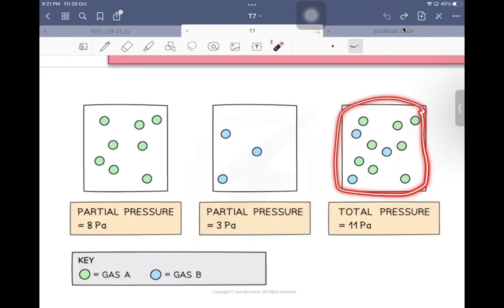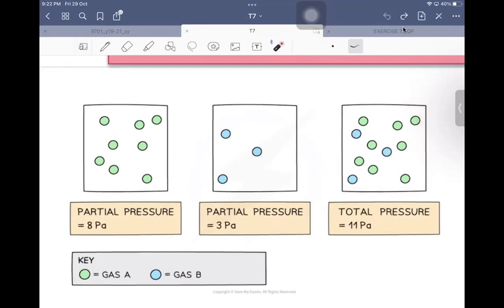The higher the frequency of these gas molecules knocking onto the wall of the container, the bigger the pressure is. Partial pressure is the pressure that would be exerted only by one type of gas.